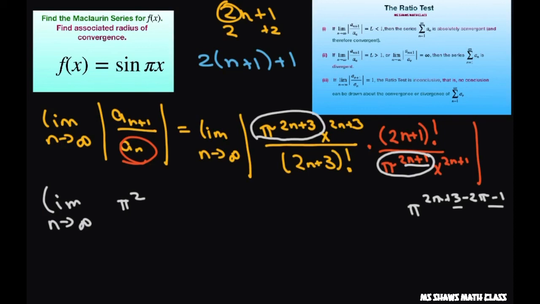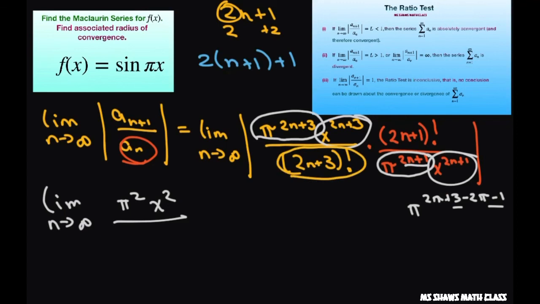And let's look at our x's. Same thing with the x's. That's just going to be x squared. For our denominator, we can write this as 2n plus 3 times 2n plus 2 times 2n plus 1 factorial.